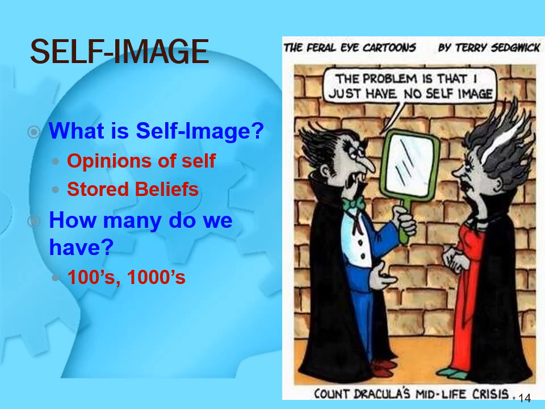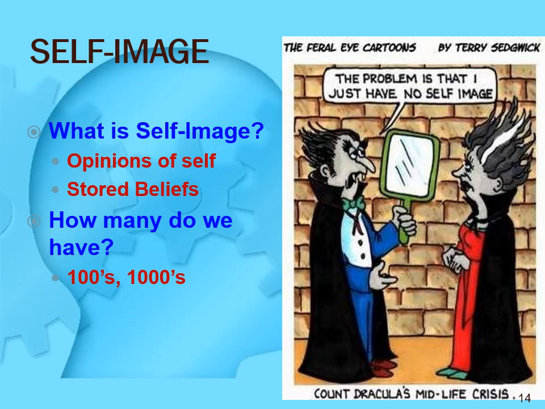You have self-images of yourself as a woman, a wife, a mother, a daughter, a sister, an aunt. You have self-images of how you mow the grass, how you do on tests, how you wash the dishes. Everything that we do, we have a self-image of ourselves.